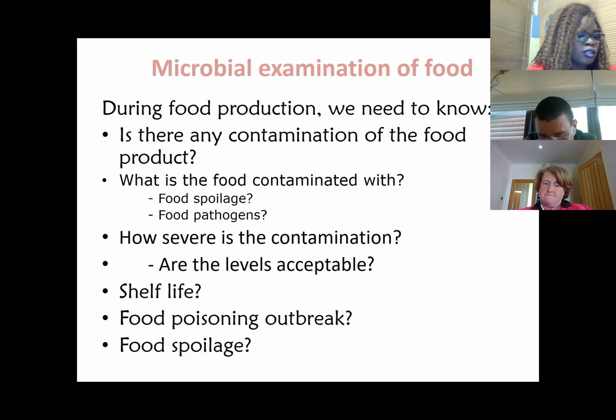It also helps assess the safety of the food for the consumer when we examine food. And also the microbial load and type are important in determining whether the food or food ingredients meet the acceptable standards. Okay?